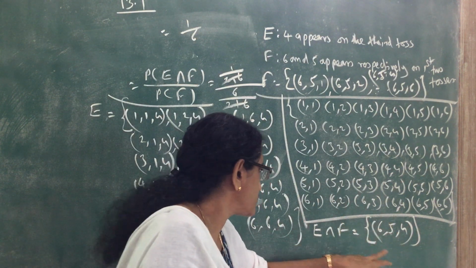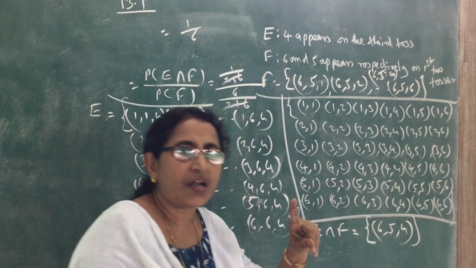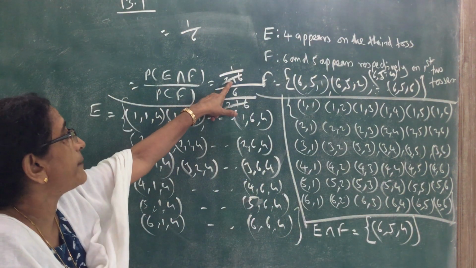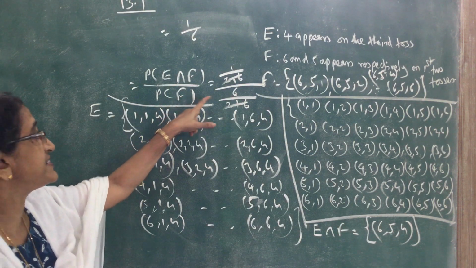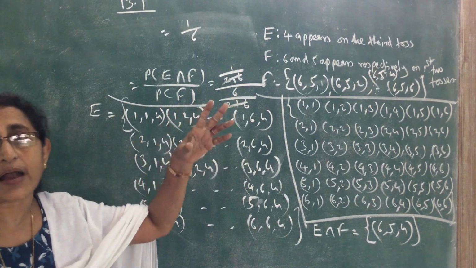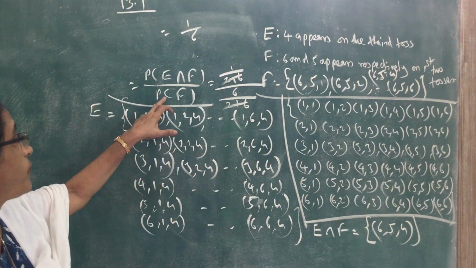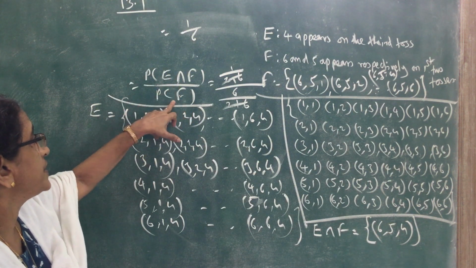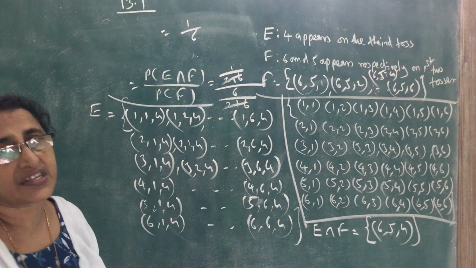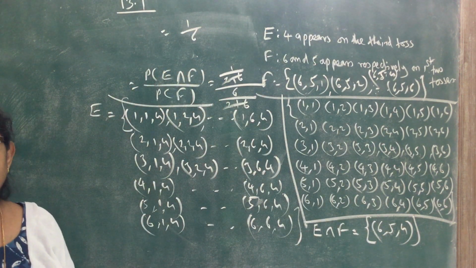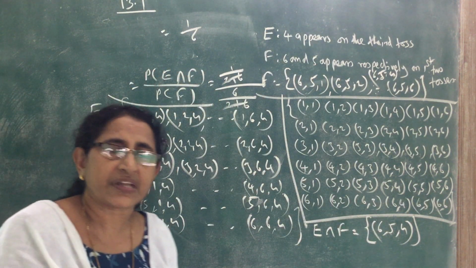So the number of elements in E intersection F is 1, divided by the total number of sample points; that is the probability. Probability of F is the number of elements in F divided by the total number of sample points. So this is 1 by 216 over 6 by 216, and the answer is 1 by 6. The same type of question is there in the example. Same type.